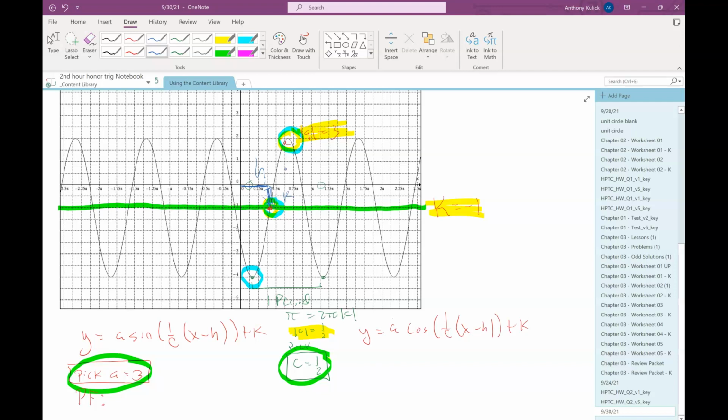Because the order of the points preceding the point we're translating to is minimum, midline, maximum. If you had instead wanted to do like here to here, and called that the H and K, then the A would need to be negative, because it goes max, midline, min. Is this for cosine or sine?